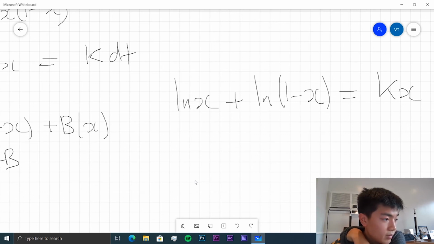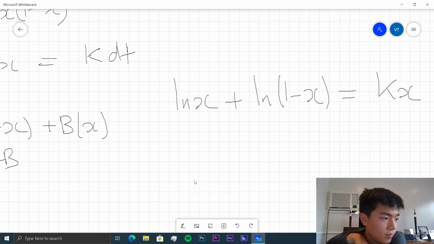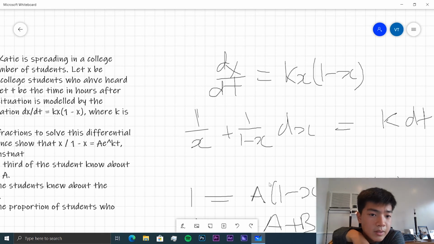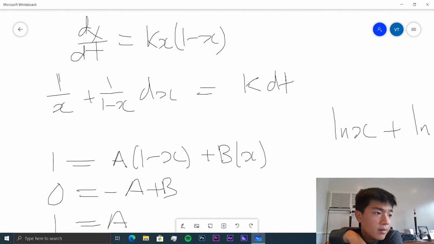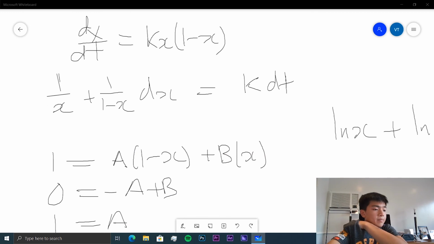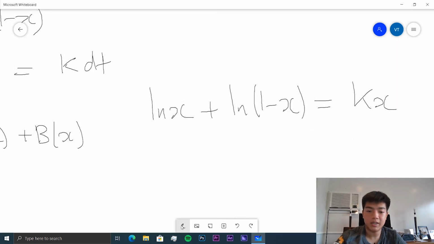Adding logarithms together, yeah. This should be negative, sorry, because this is negative x. So when we integrate, it swaps signs.